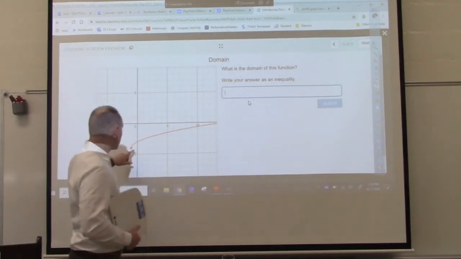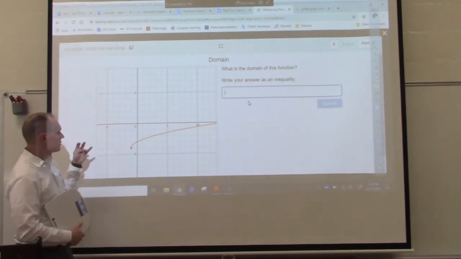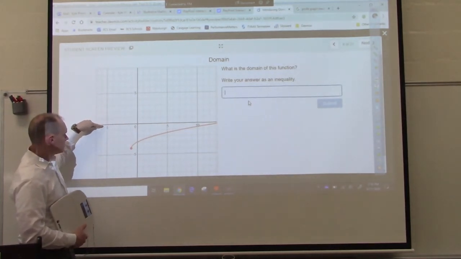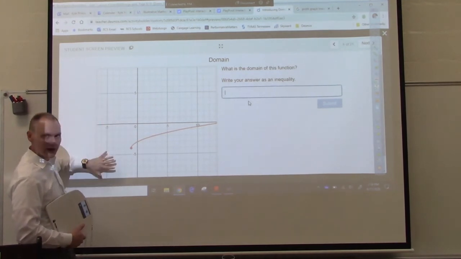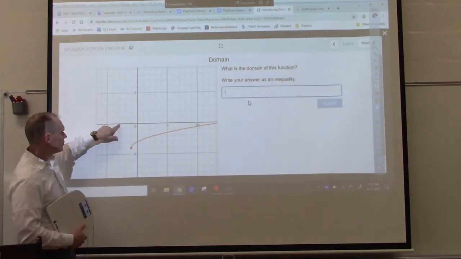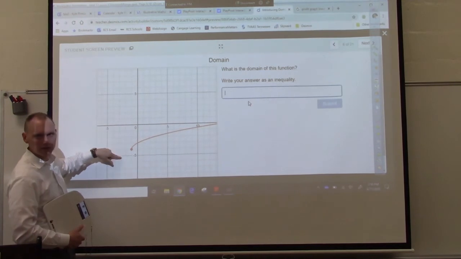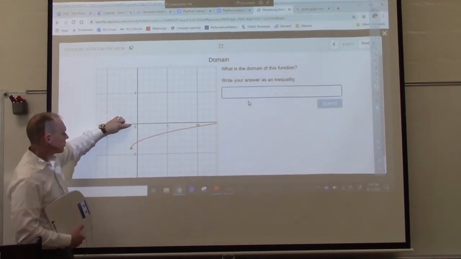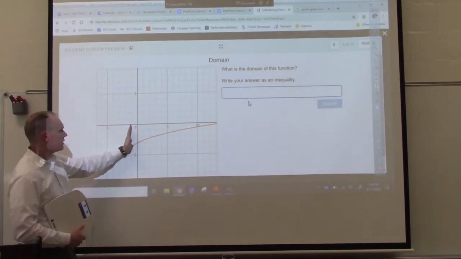Okay, so if we think about all the values that can be inputted, well, out here, there's no function out here. So we can't input -3 and tell what we get. It's not there. So the very first point is that -1 here and onward.